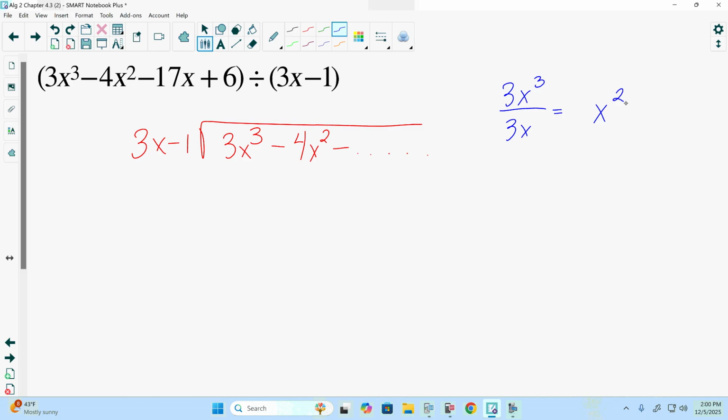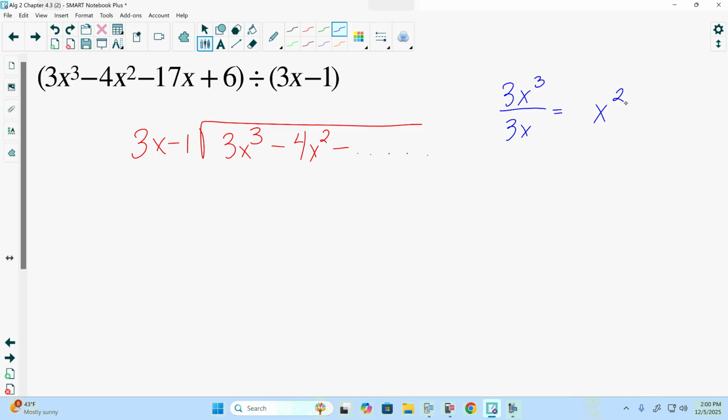Now our x cubed divided by x is going to be x squared. We agree with that there, yes? But we have 3 over 3. 3 divided by 3 is 1. But based on the way that it's set up, especially with synthetic division, that first number that dropped down would have been 3, not 1, yes?